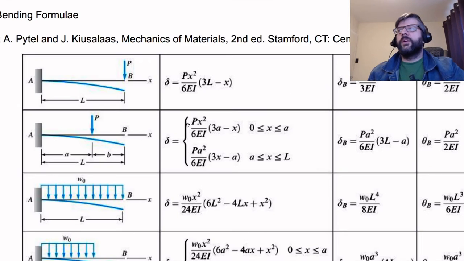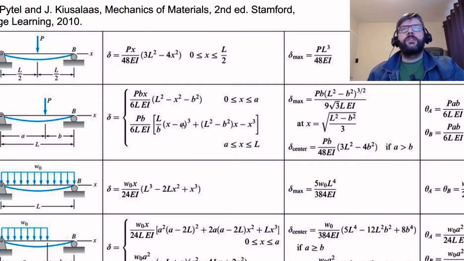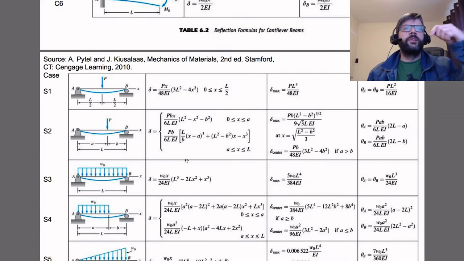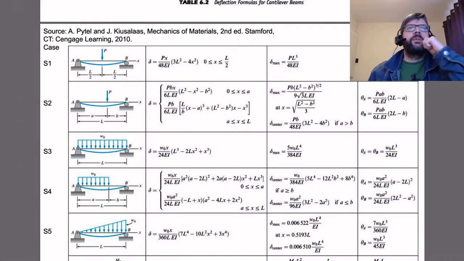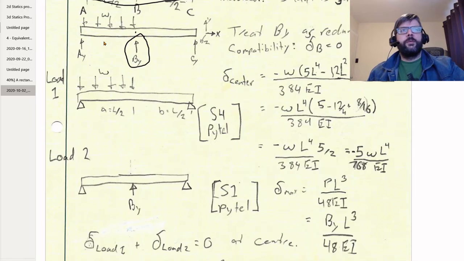that match what we have for our beam bending formula. Just scrolling down here, the best ones that fit would be S1, which is just a simply supported beam with a point load in the middle, which looks exactly like what BY would do, right?